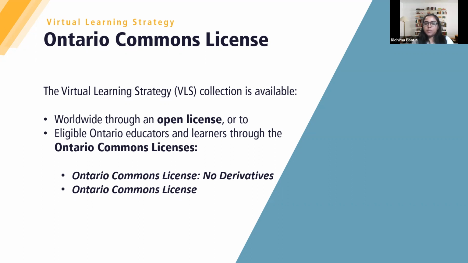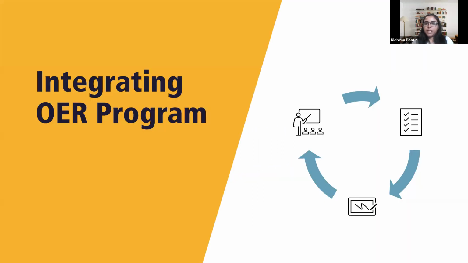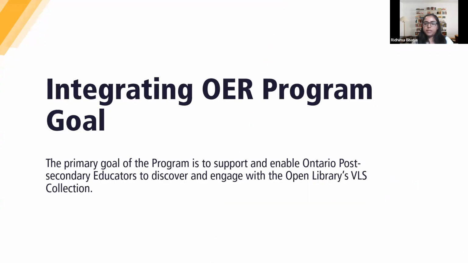This program is made possible by the second round of funding through our virtual learning strategy. The primary goal of this program is to support and enable Ontario post-secondary educators in discovering and engaging with the open library VLS collection.